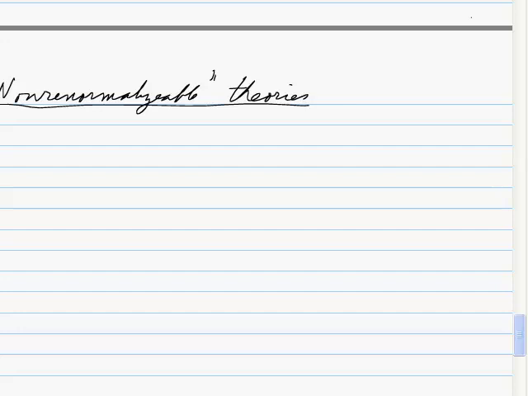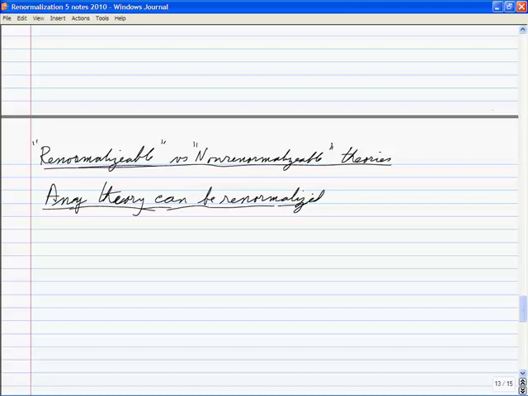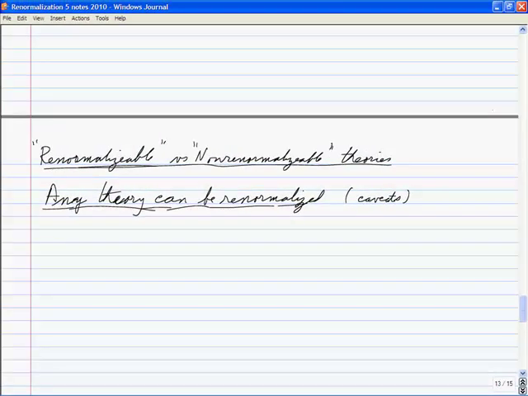So let me start with the following statement: any theory can be renormalized. There are a couple of caveats on this, but it's in general a true statement. I'll tell you some caveats, but for the most part, in the sense of this division here, any theory can be renormalized.